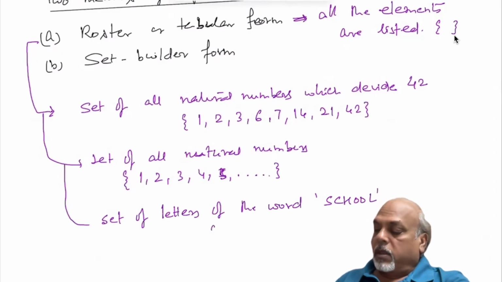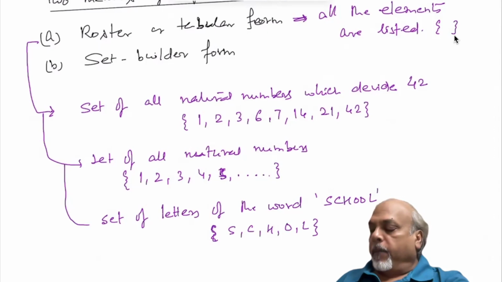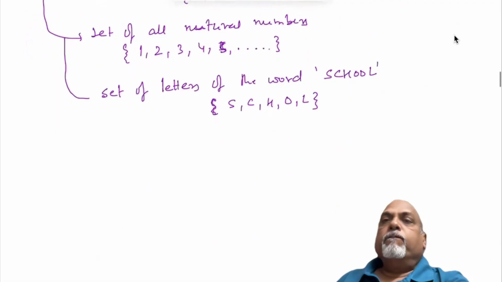Then what will be its set? It will be S, C, H, O, L. All the letters are there. These will be the elements of this set. With these elements, you can form the word school. Correct?